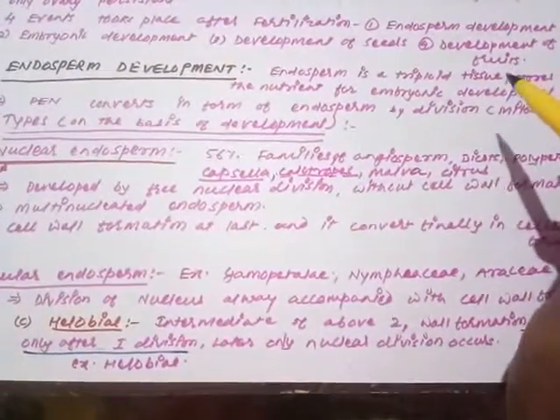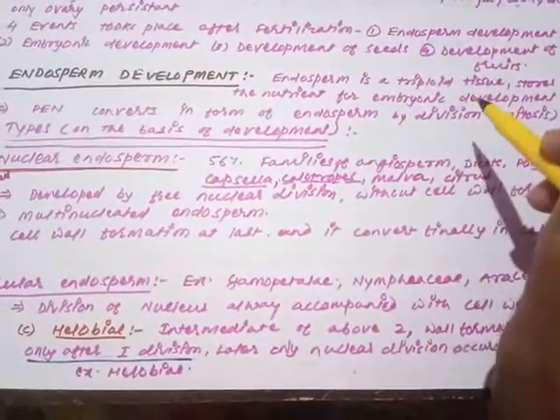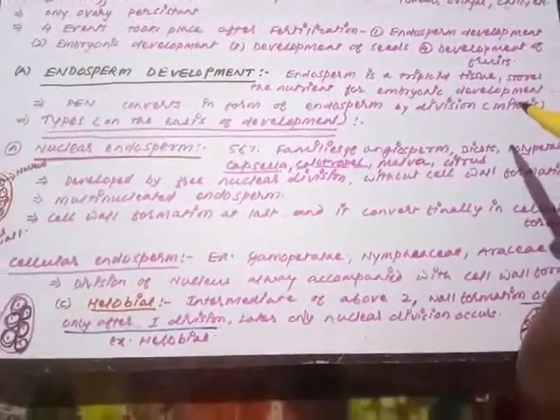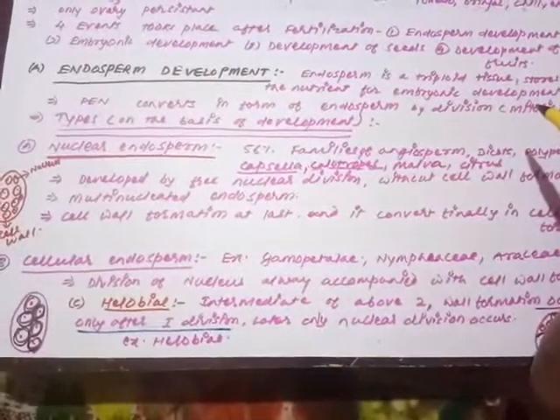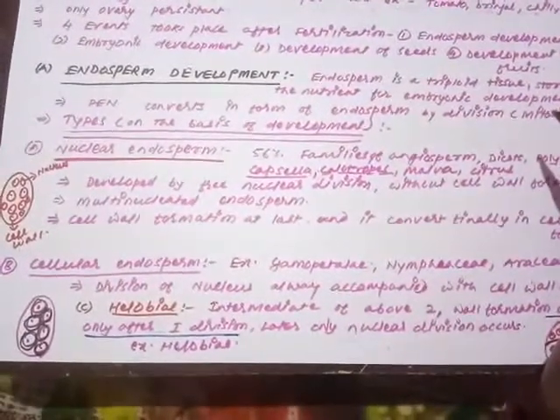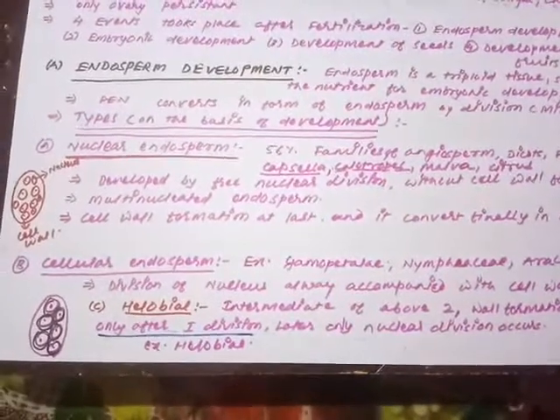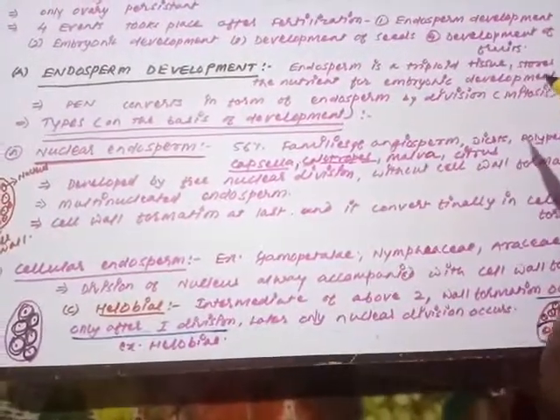Are you getting my point? Endosperm is a triploid tissue which stores the nutrient for further embryonic development. If endosperm is present, the embryonic development will be better. If it is not there, that will affect the development of the embryo also.